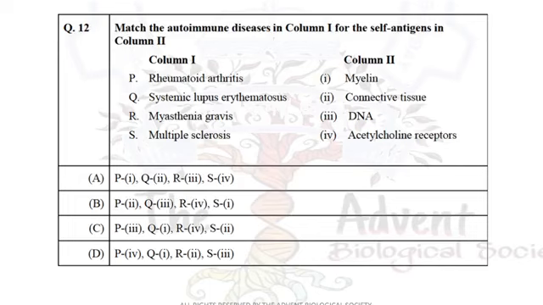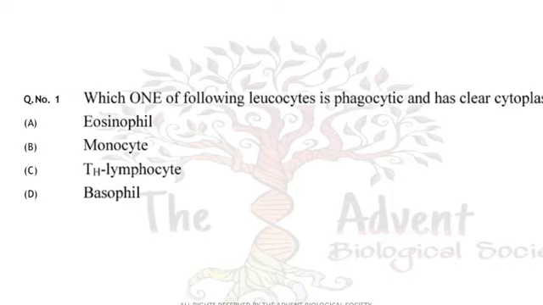They generally have receiving activity, that is, they can receive information via MHC-generated fragments through the T cell receptor. Okay, the TH lymphocyte won't be an option. Basophils and eosinophils don't have clear cytoplasm; they have granulated cytoplasm. So the correct option will be monocytes. Okay, monocytes have phagocytic ability and also clear cytoplasm. So option number B would be the correct option.